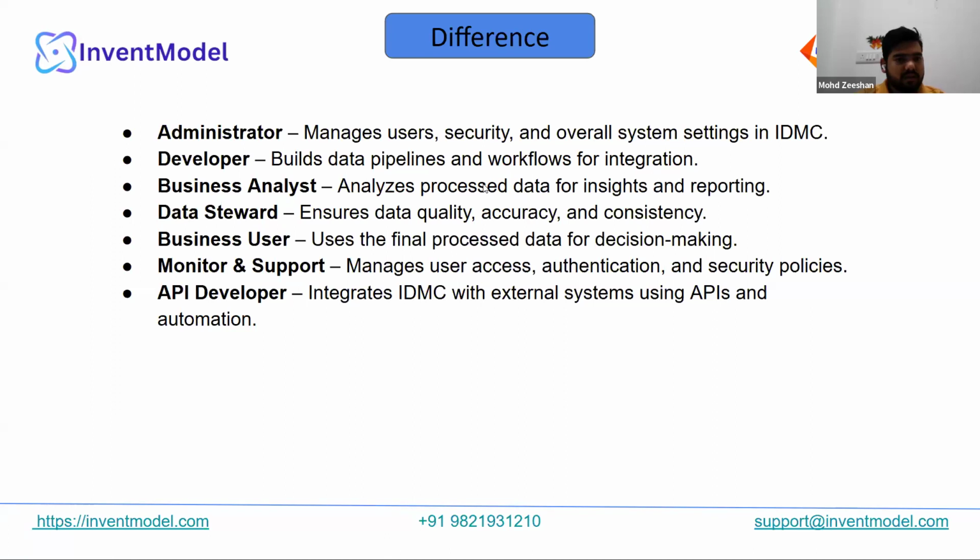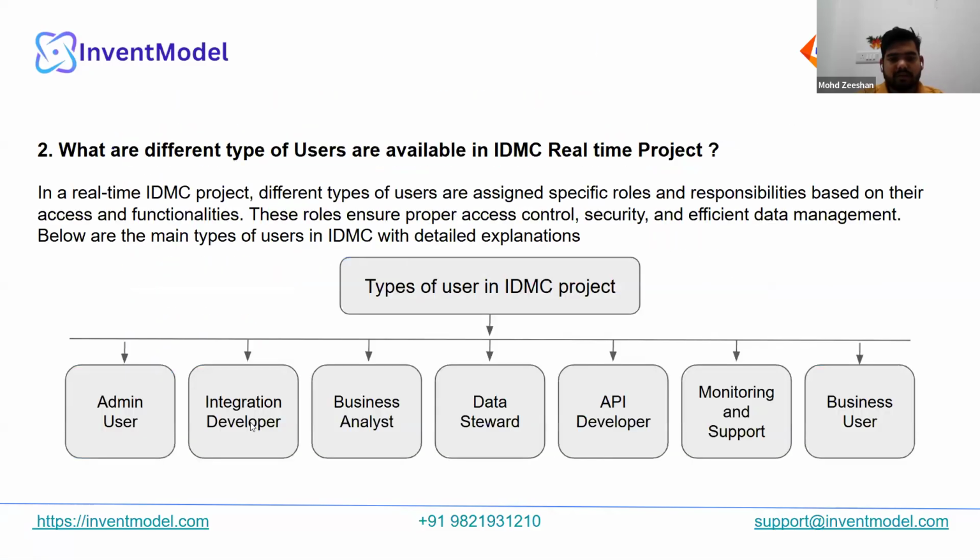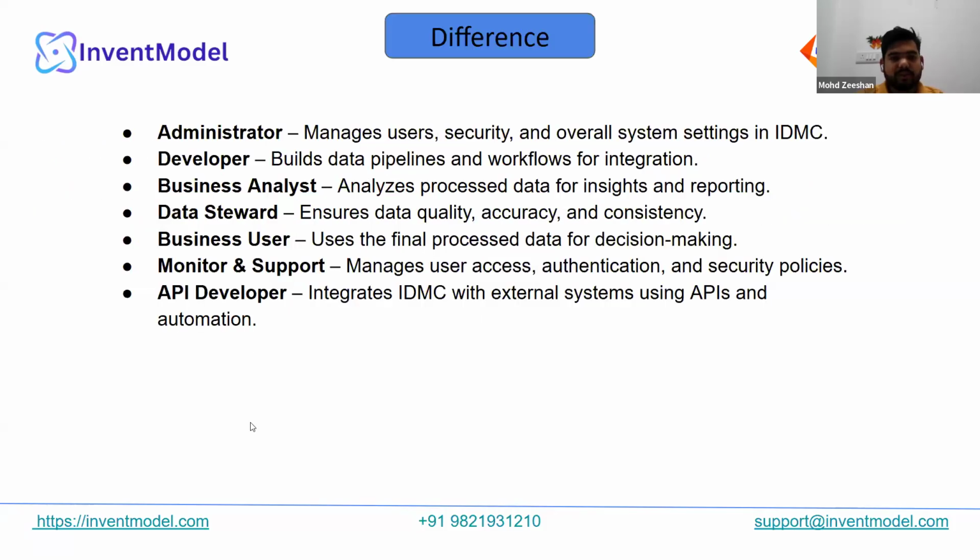And then next is the developer. Here we are discussing the integration developer. An integration developer is a developer who collects the data from different sources and stores it in one place. So this type of user is called an integration developer. And then we have the business analyst.